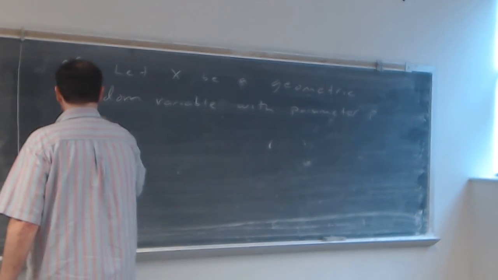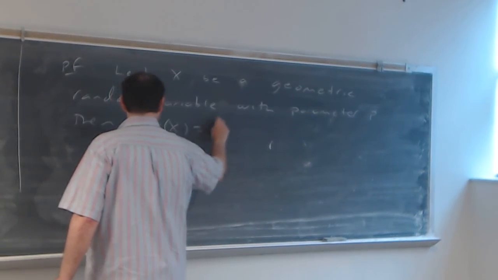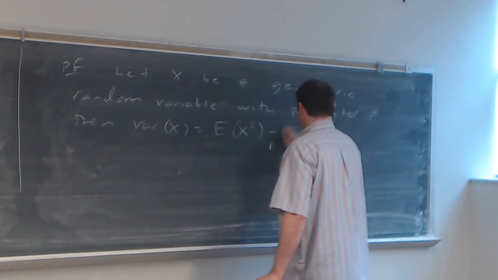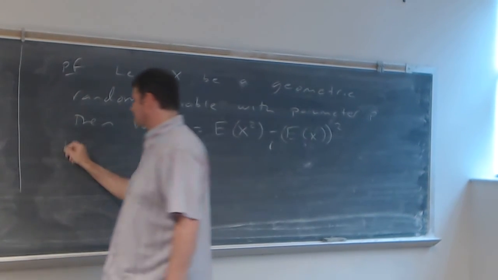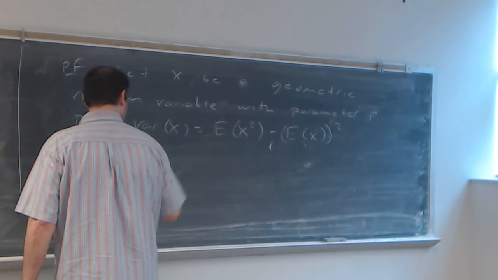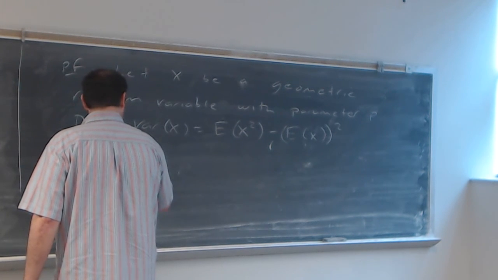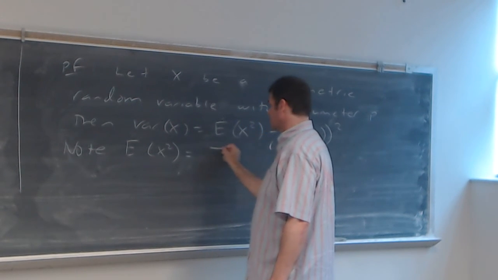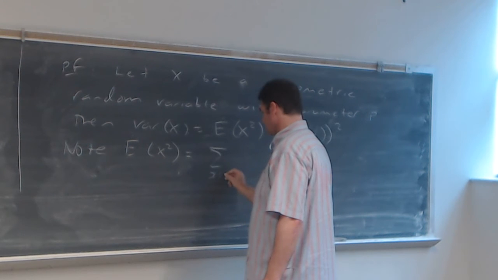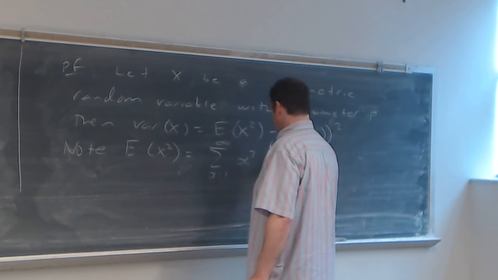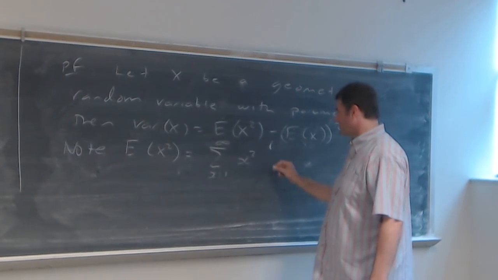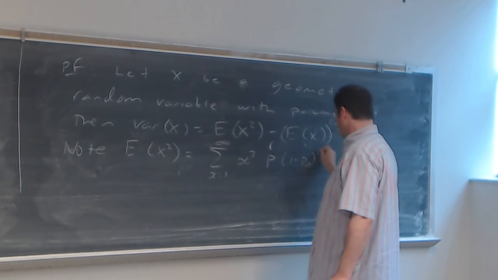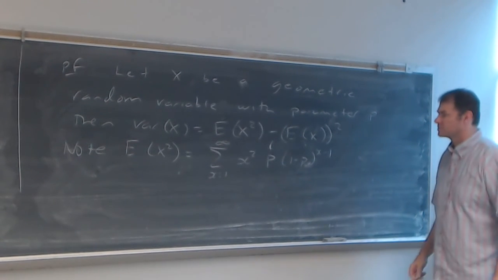Then the variance of x equals the expected value of x squared minus the expected value of x, quantity squared. Note, we already have the expected value of x, it's 1 over p. But the expected value of x squared we don't have. This is equal to the sum as x runs from 1 to infinity of x squared times p times 1 minus p raised to the x minus 1. So that's what we have.